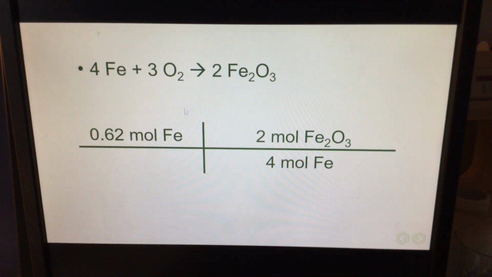So what do we do? Well, we have 0.62 moles of iron, and we want to see how much iron oxide that will make. So we need to get rid of the iron.